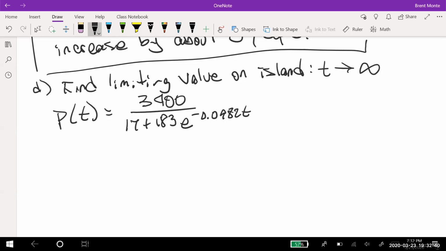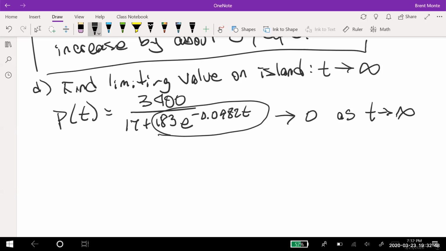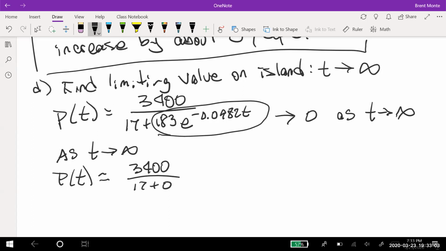But remember, this whole thing goes to 0 as t goes to infinity. That's what we talked about earlier. So as t goes to infinity, P of t is approximately 3,400 over 17 plus 0, which is, of course, just 3,400 over 17, which is 200 people.